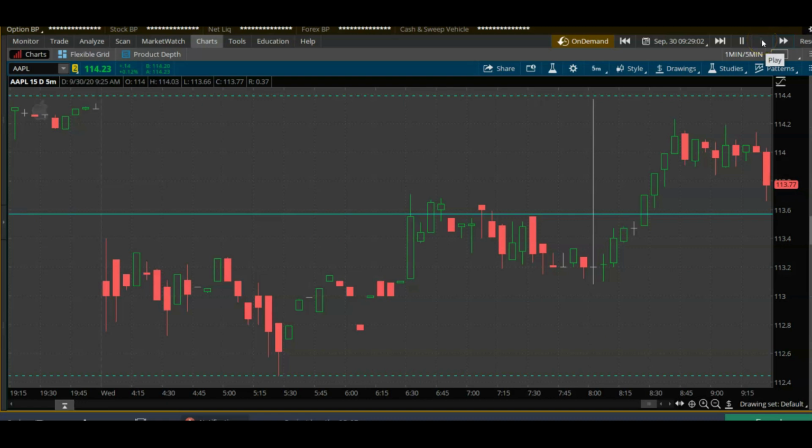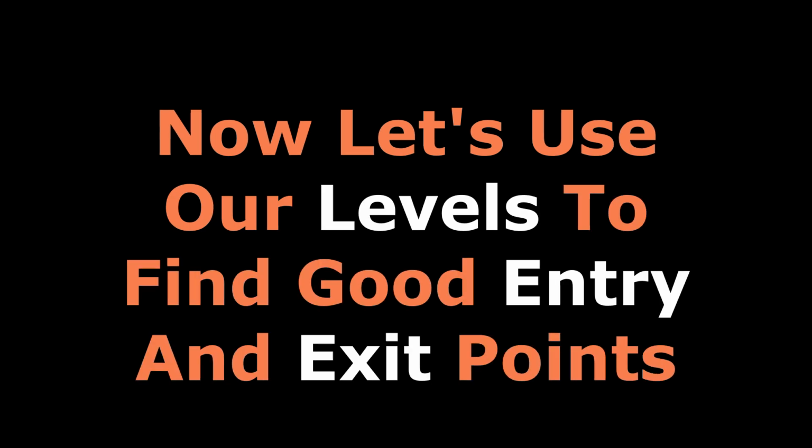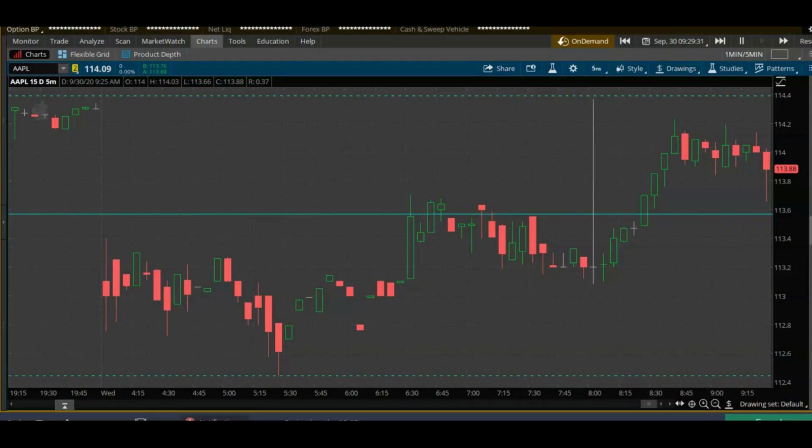Now what I'm going to do in my simulator is speed up price action as the trading day progresses. Now we're just going to wait for the trading day to begin.